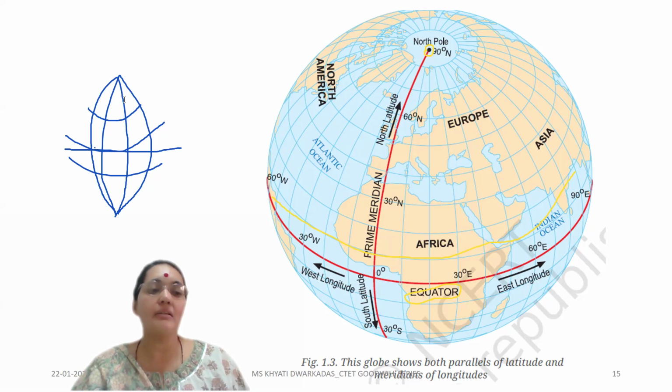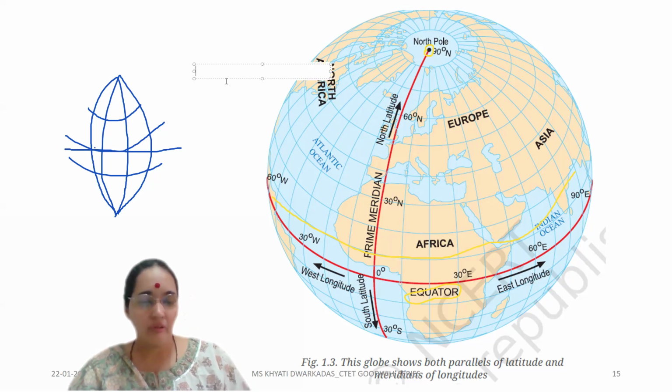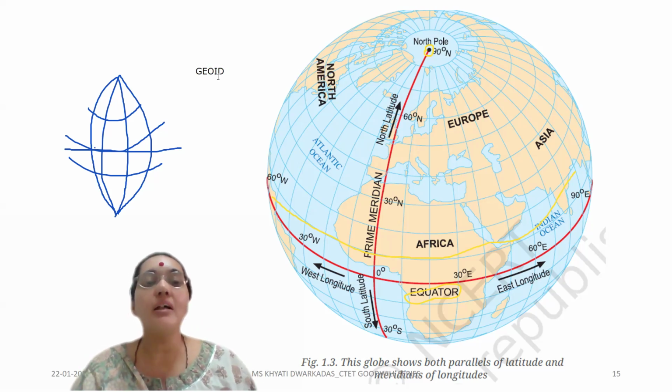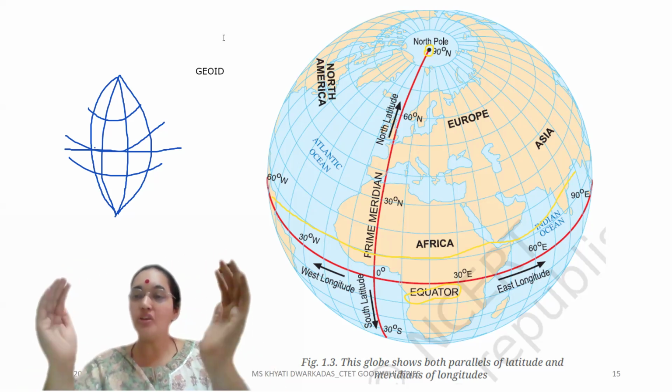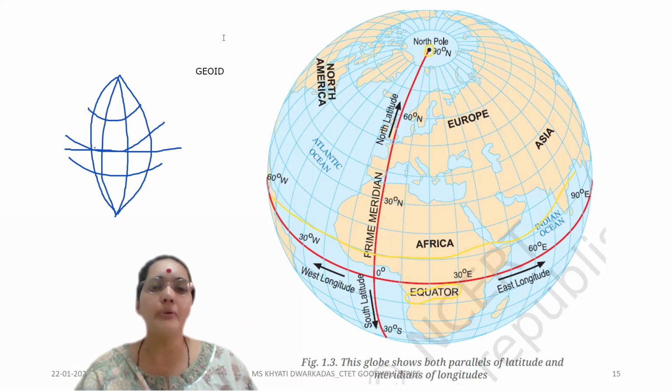I'll write the spelling of the word geoid for you. A geoid. The earth is in the shape of a geoid. Geoid is where it is bulging on the sides and is a little flat at the poles.